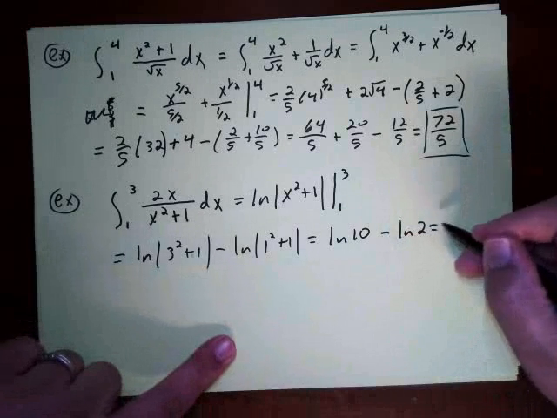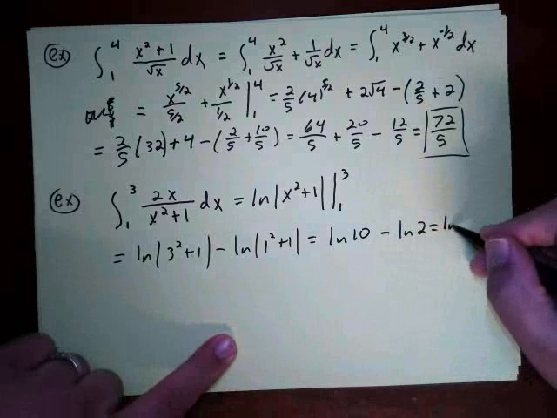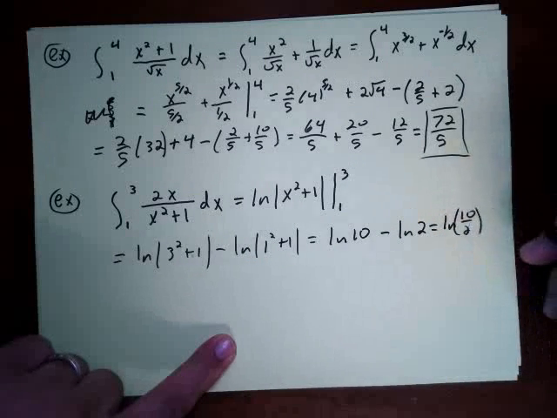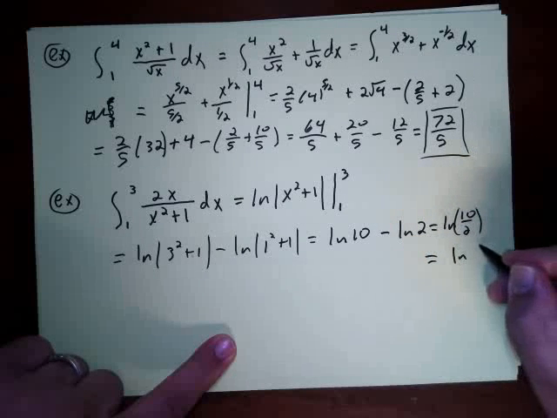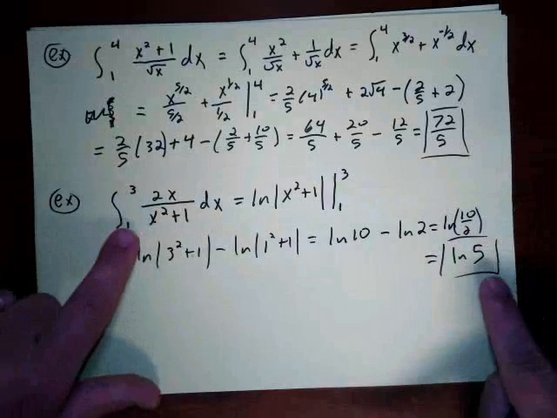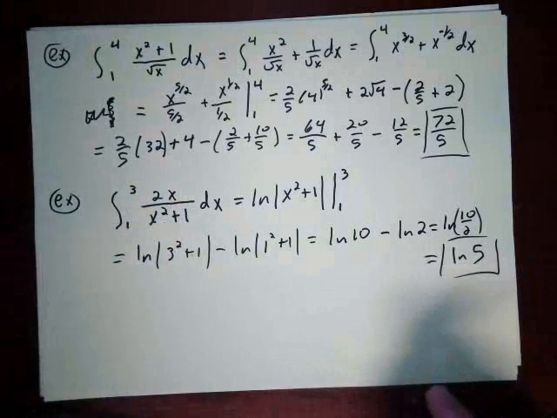If you wanted to simplify this, you could use properties of logs. This would be the natural log of 10 over 2, which is equal to the natural log of 5. So it would simplify down quite nicely. And that would be the exact area underneath that curve.